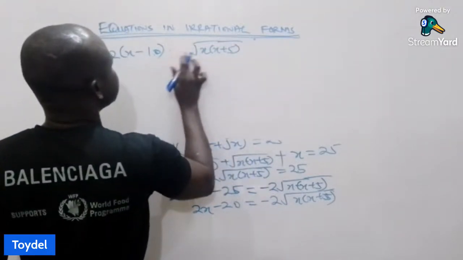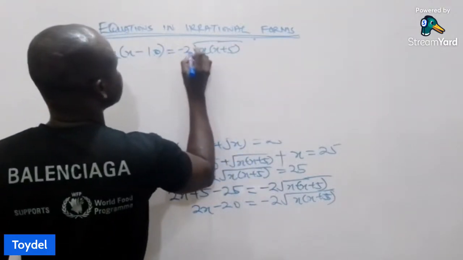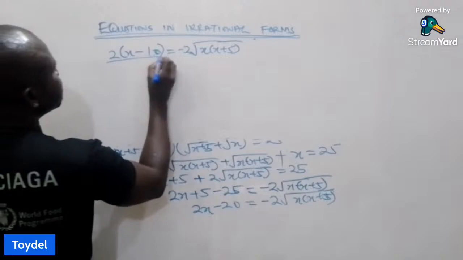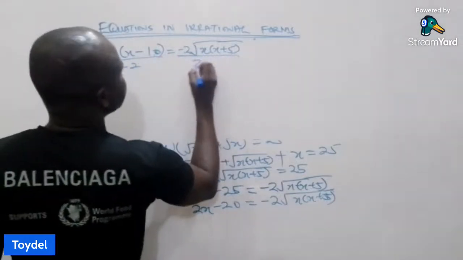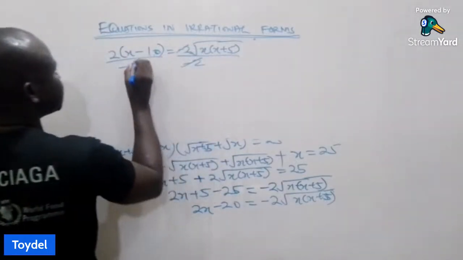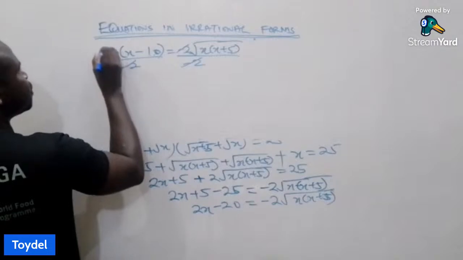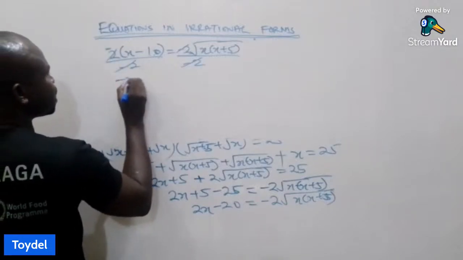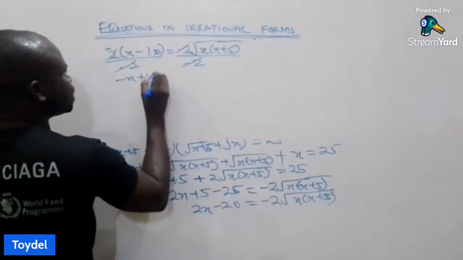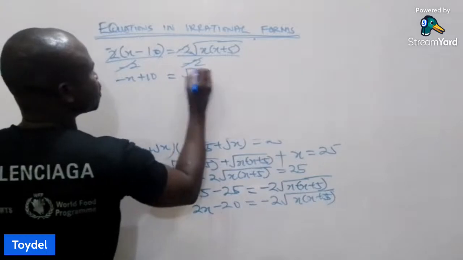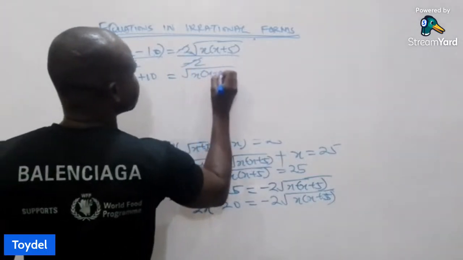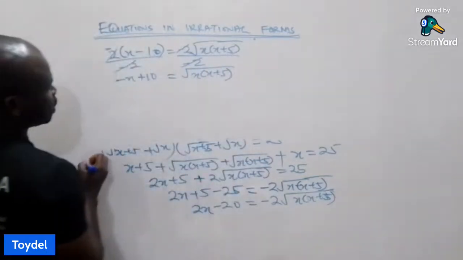I can divide both sides by minus 2. This will take care of this, and this will reduce this. I'll have minus. So I'm going to have minus x plus 10 to be equal to square root of x into bracket x plus 5. Okay.